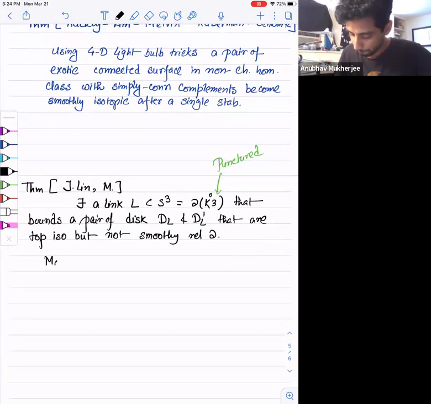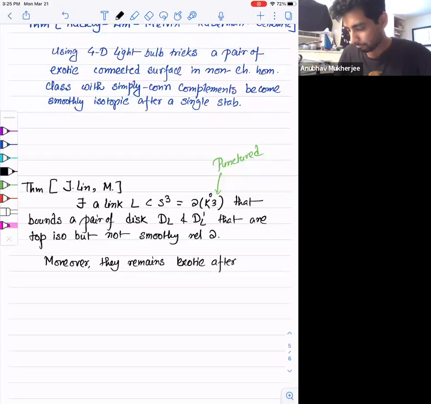Moreover, they remain exotic after a single stabilization.